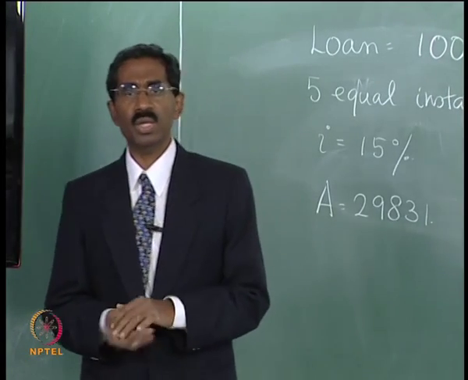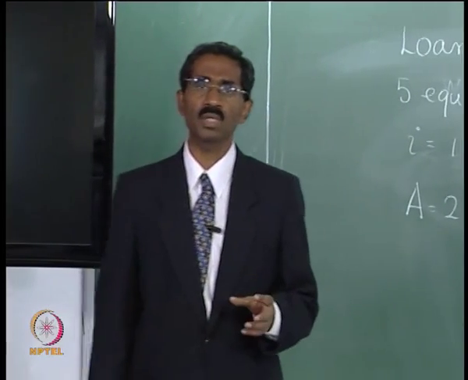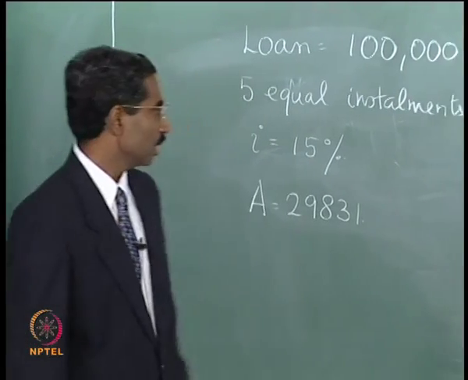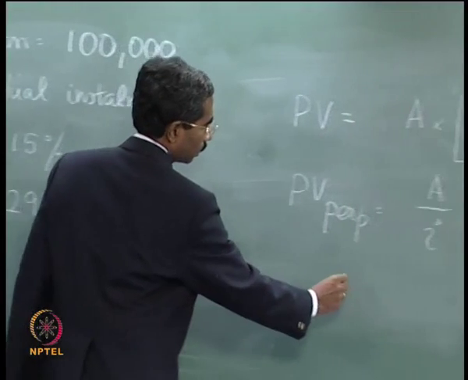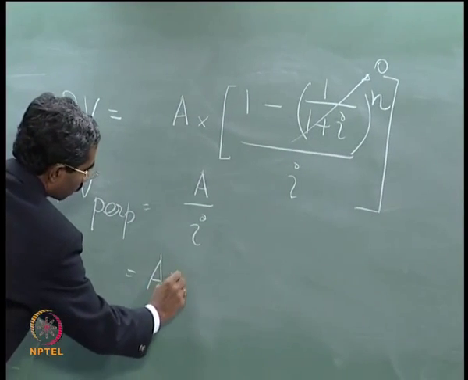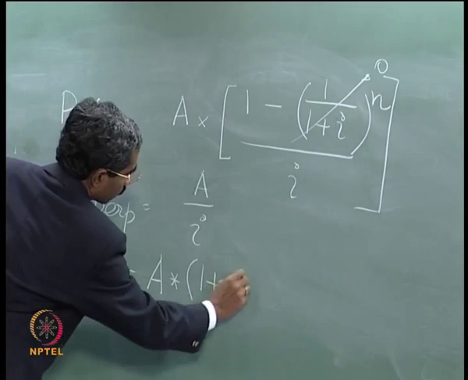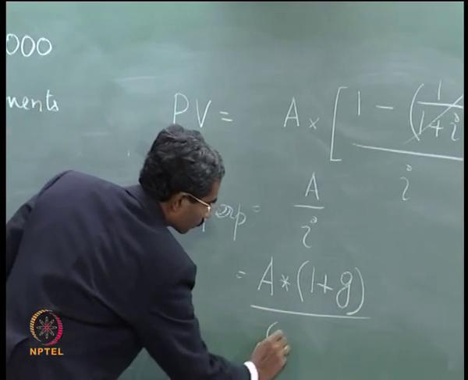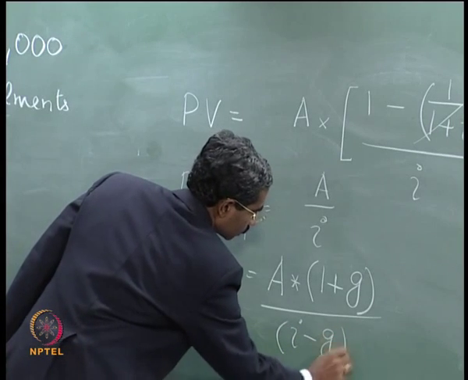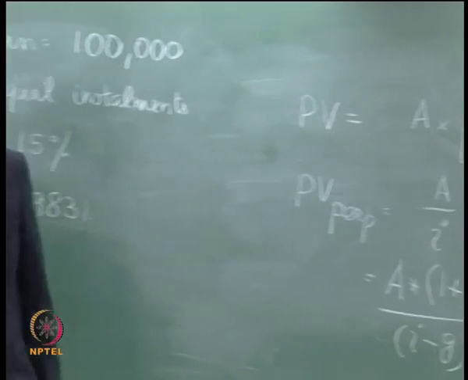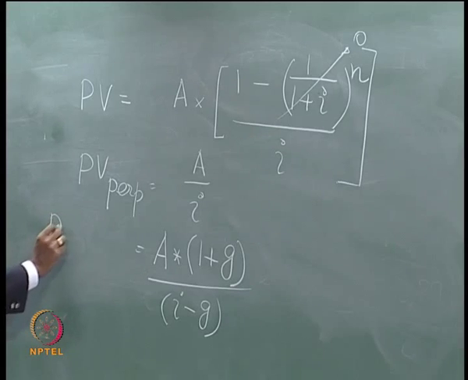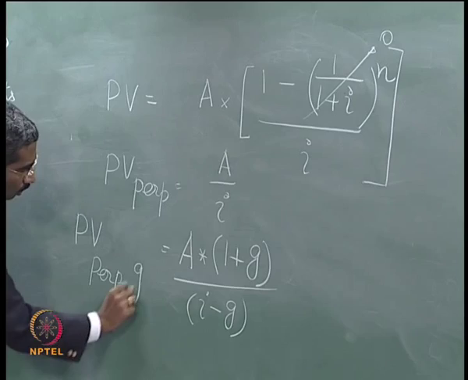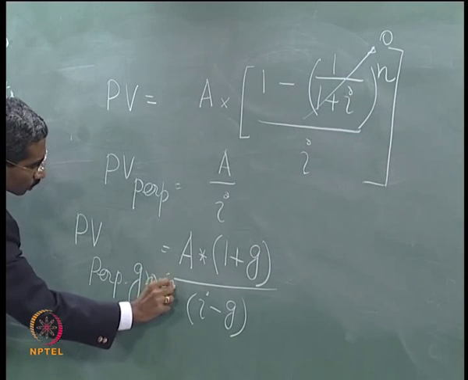For a perpetuity cash flow stream that can be approximated to grow at a constant rate every period, it is nothing but A multiplied by G, which is your growth rate, divided by I minus G. So, this expression gives you the present value of a perpetuity stream which is growing at a constant rate.